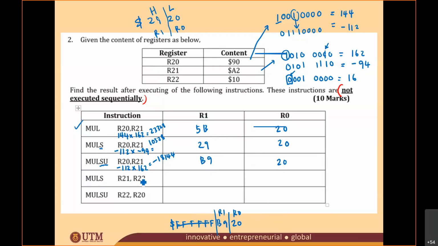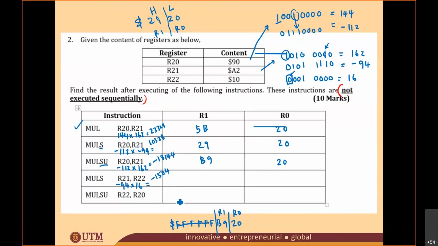Okay, what about this one here? MULS R21, R22. R21 is a signed number, negative 94. Multiply with R22. Even though this is a signed number, because the bit 7 is 0, the magnitude is 16, which is a positive number. So negative 94 multiplied with 16, you get how much here? 1504.